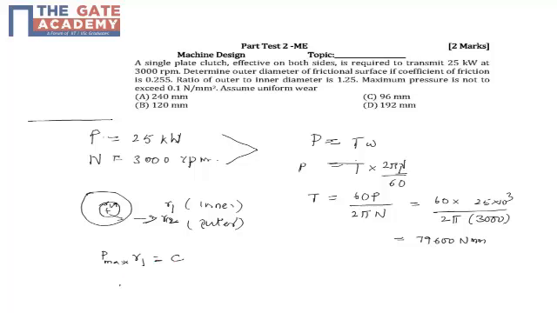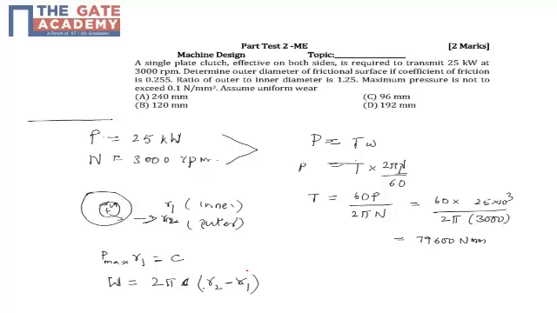Another equation is the expression for the actual load that is supported by the clutch. That is 2 pi C, the same constant, into the outer radius R2 minus R1.